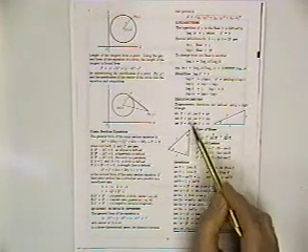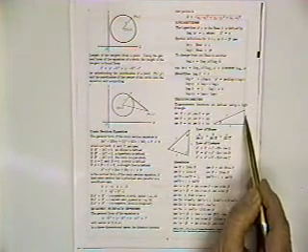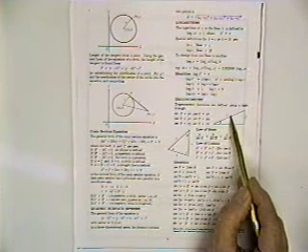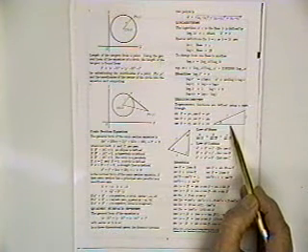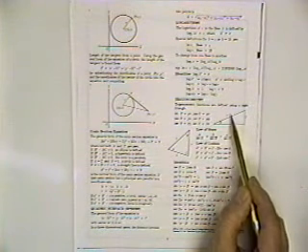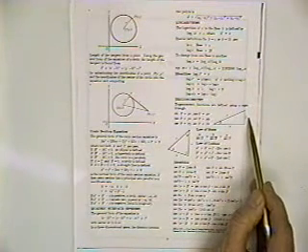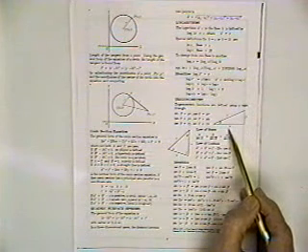The sine of theta is defined for you as the opposite side divided by the hypotenuse, y divided by r. The cosine of theta is the adjacent side, x, divided by r. Similarly, the tangent of theta is y divided by x.